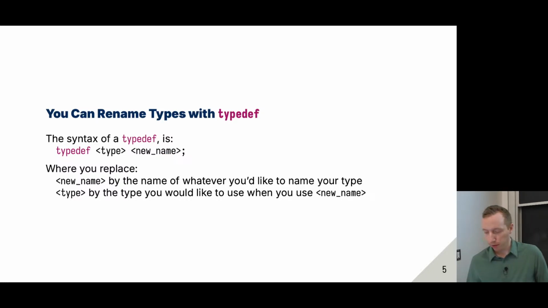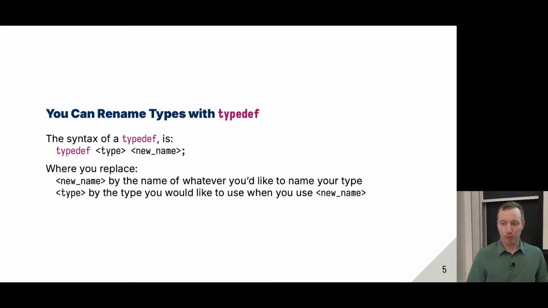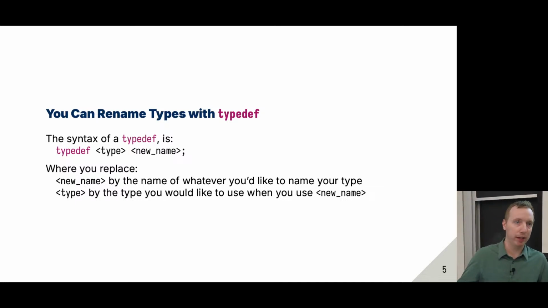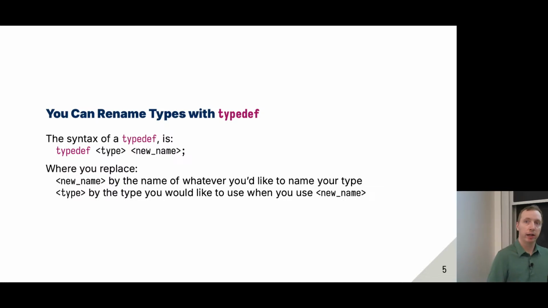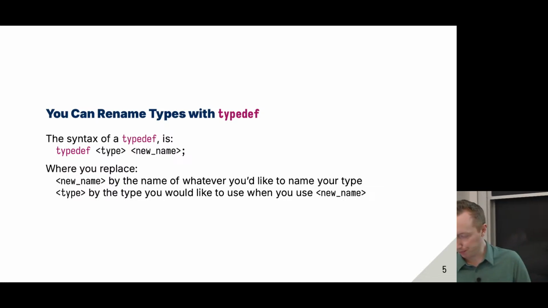So if I do typedef int num_t, then whenever I use the type num_t, it would actually just be replaced by an int, and I can change this typedef whenever I want. It just creates a new name for a type.